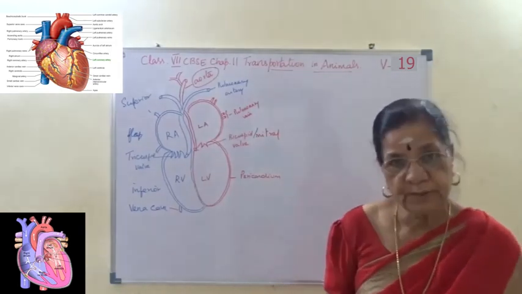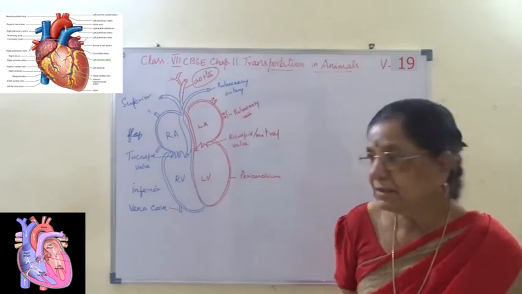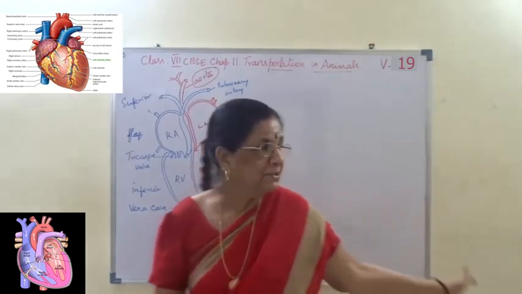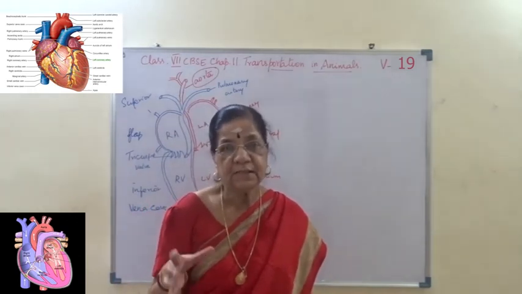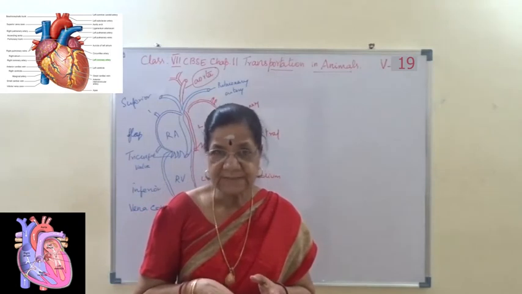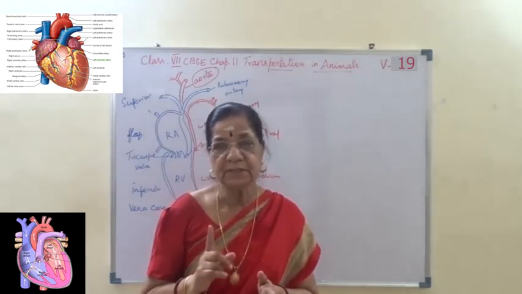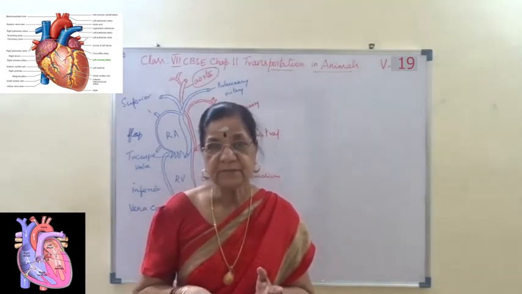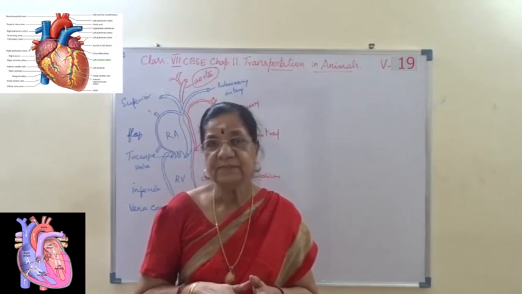The structure of the human heart, external structure and then internal structure: the chambers of the heart, valves of the heart and blood vessels.